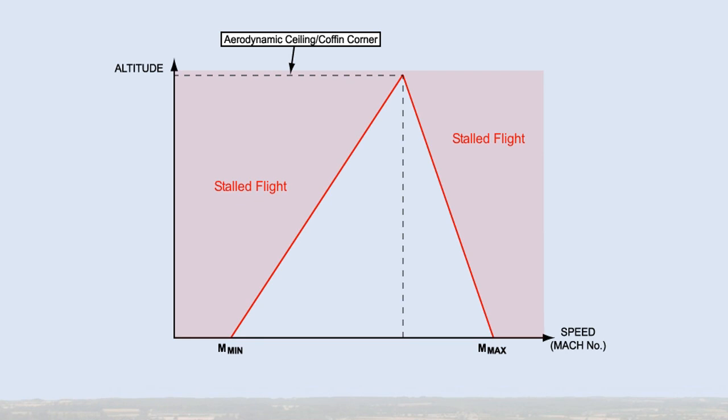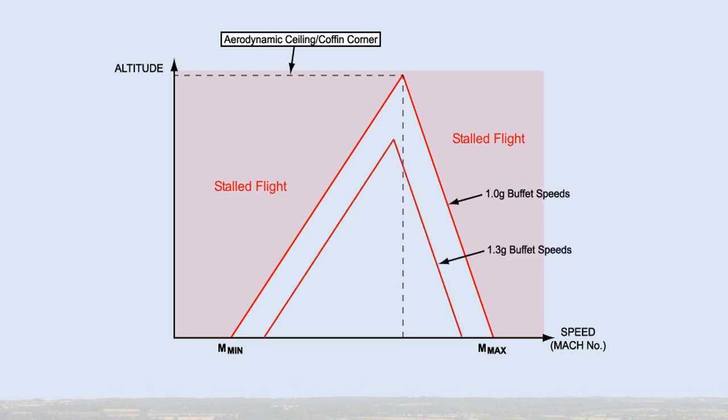To prevent aeroplanes from operating too close to this altitude, an operational limit is set below this altitude. Notice that a 1.3 g maneuver moves the buffet speed lines to this position. Notice now, the Mach number for the low-speed and high-speed buffet are coincident at a lower altitude.